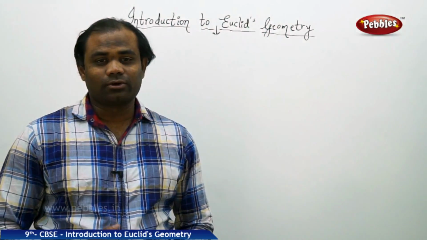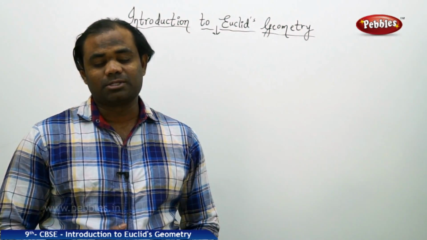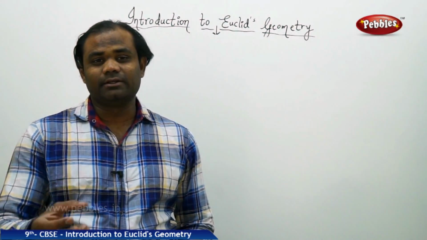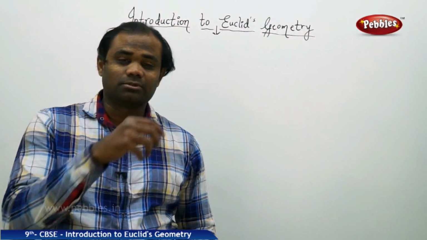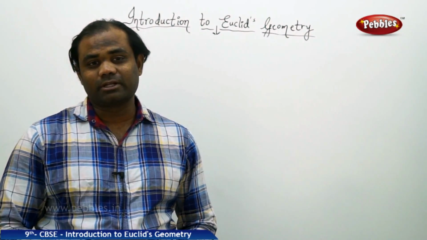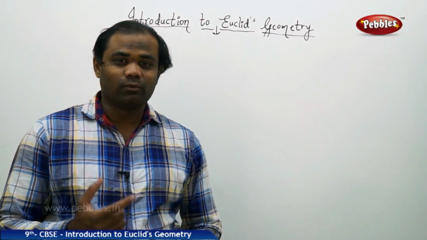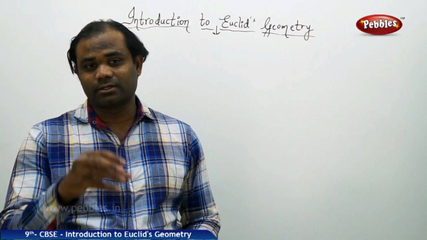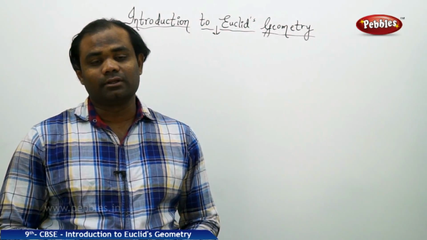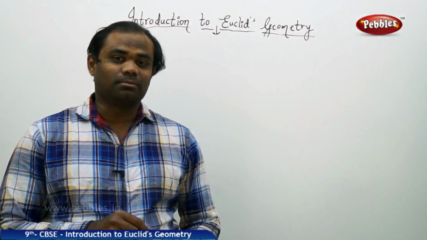So Euclid's contribution is about his postulates, which are applied in different axioms, theorems or various properties in mathematics. So let's see a few of the properties in mathematics where Euclid's postulates are exclusively used in deriving those properties.